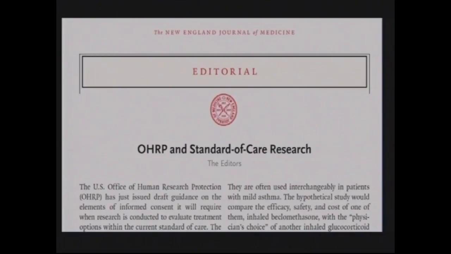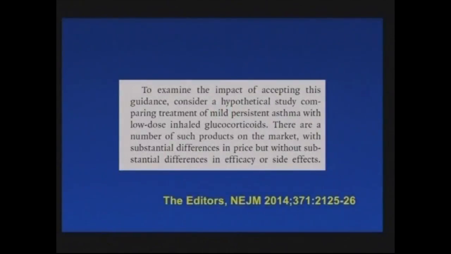Okay, so here's an editorial from the New England Journal, which was about the standard of care research, these issues that were generated by SUPPORT and the follow-up. I want to go through one of the scenarios that the New England Journal talked about. Again, this is after this draft guidance went out, and here's a little bit of a quote from this. They're talking about a hypothetical study, and note, it's a hypothetical study, comparing treatment of mild persistent asthma with certain glucocorticoids.